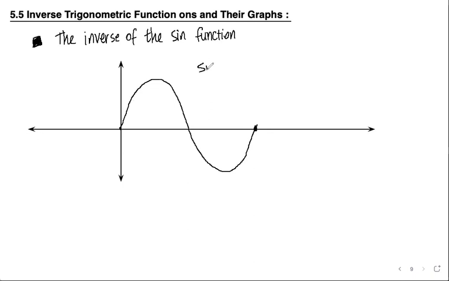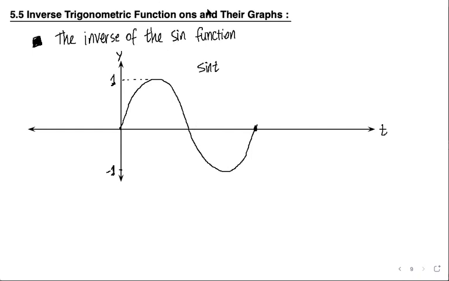So this is the sine function, sine of t. Here is 1, and here is minus 1. Is this function 1 to 1? No. How do you know?